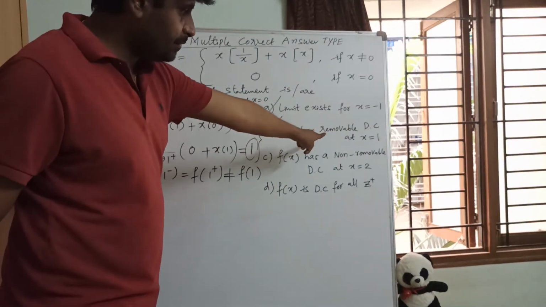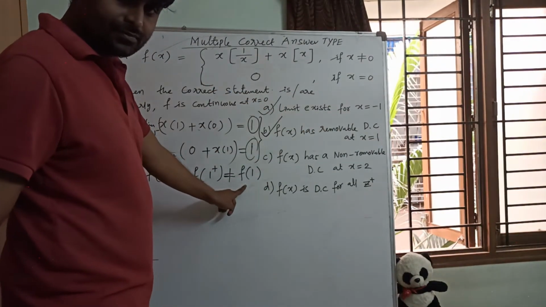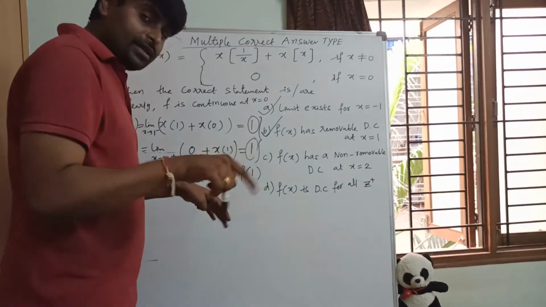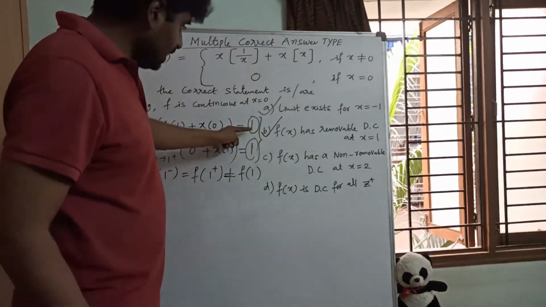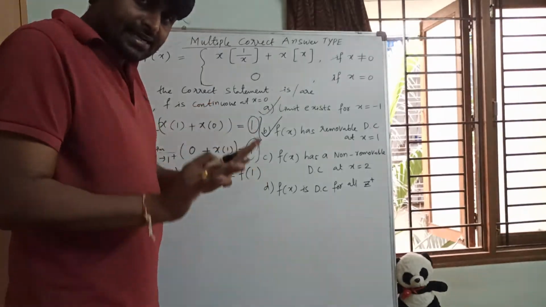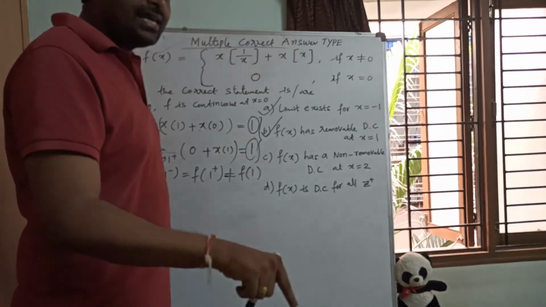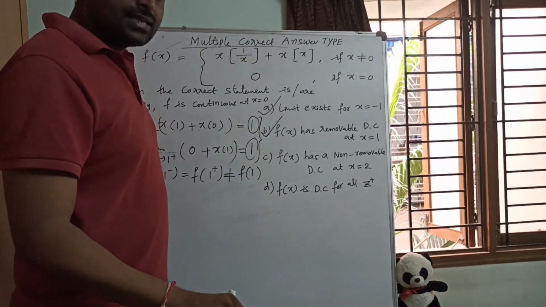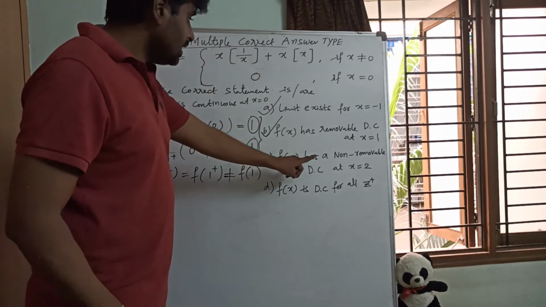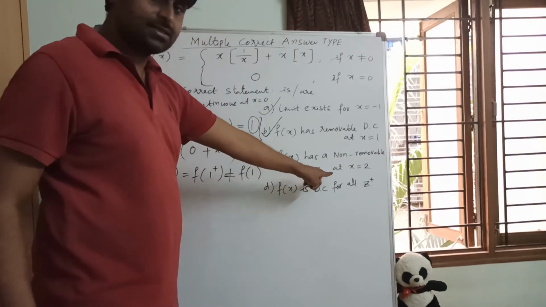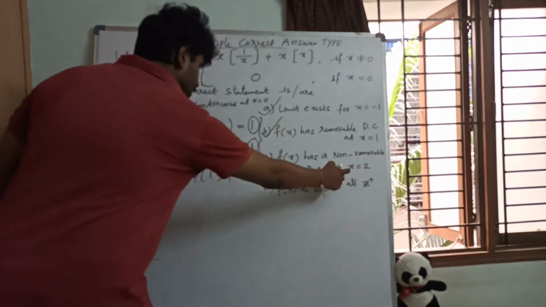F of x has a removable discontinuity at x equal to 1. Whenever LHL, RHL are not equal, strictly we can say it is not continuous. That is strictly discontinuous, non-removable, irremovable discontinuous.